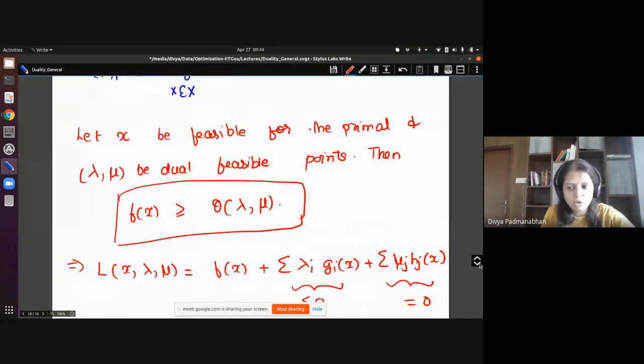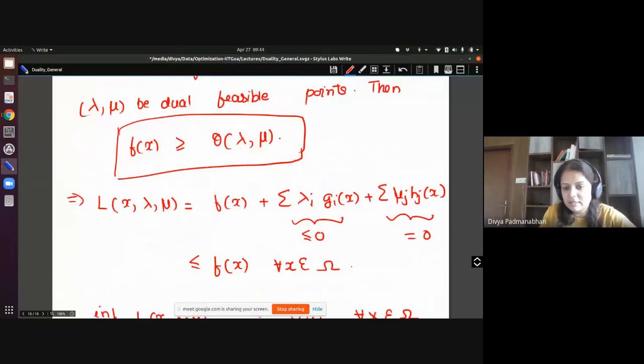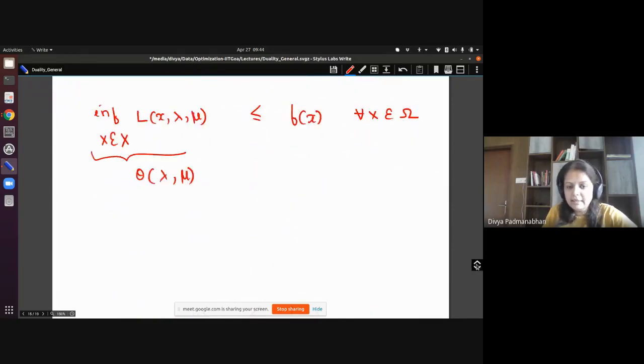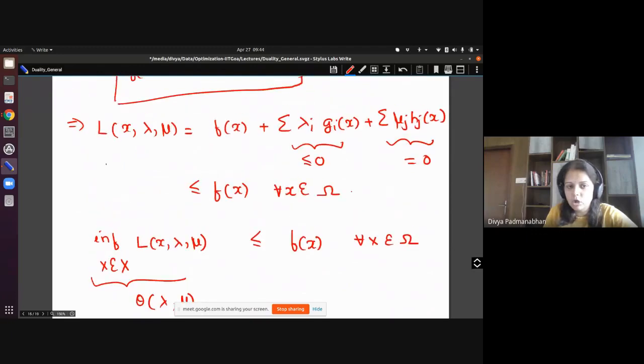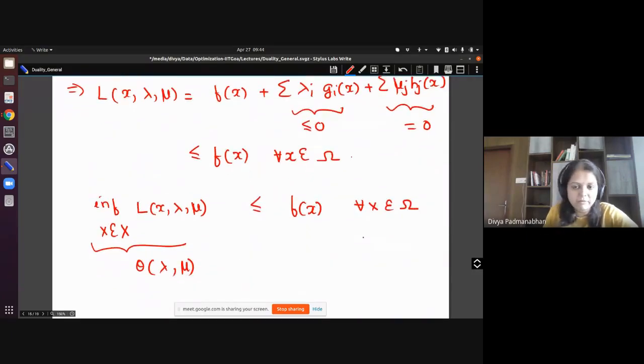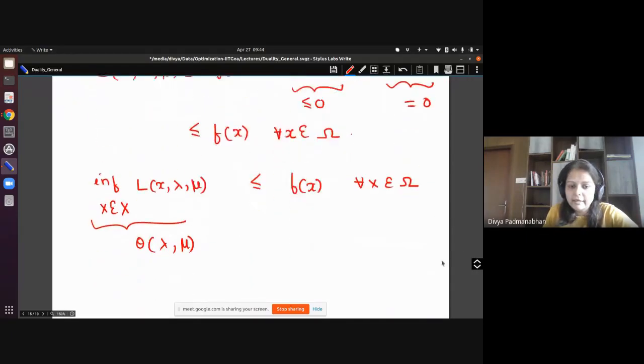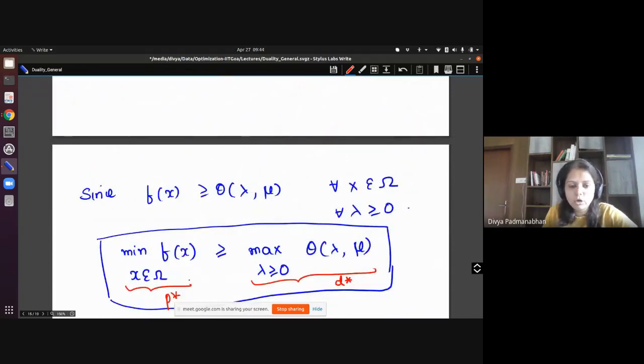This is just by construction. We took the Lagrangian and saw that lambda times g_i of x is going to be less than or equal to 0 always for any feasible primal point. Because of that, the Lagrangian is less than or equal to f of x. Then when you take the minimum over all x on both sides, you get that f of x is greater than or equal to theta of lambda, mu.